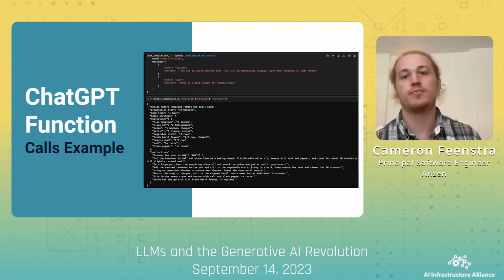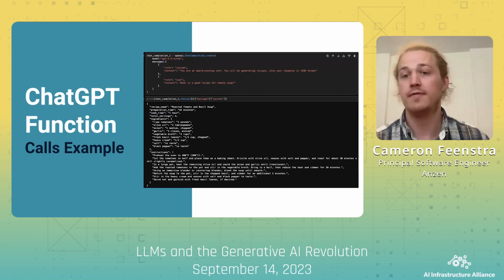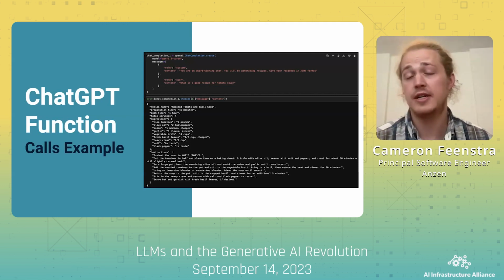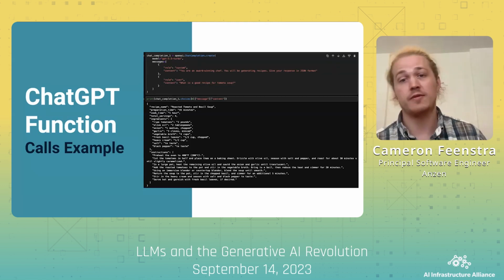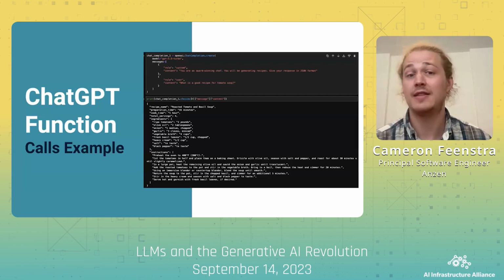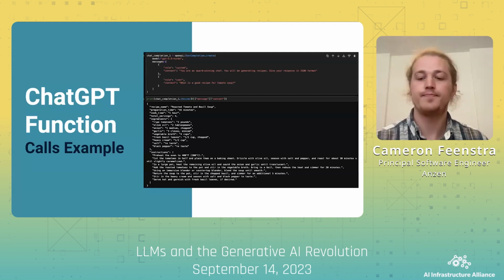There's any number of things, but adding all of these via prompts is a little bit tedious. And I'll probably end up with a very long prompt. And at the end of the day, I don't really have any confidence that ChatGPT will always follow my instructions and give me the exact format I want.